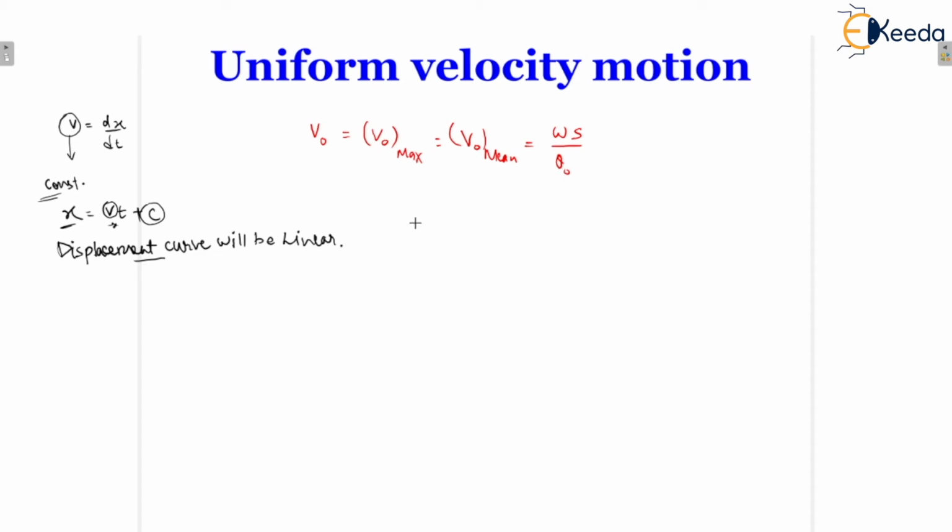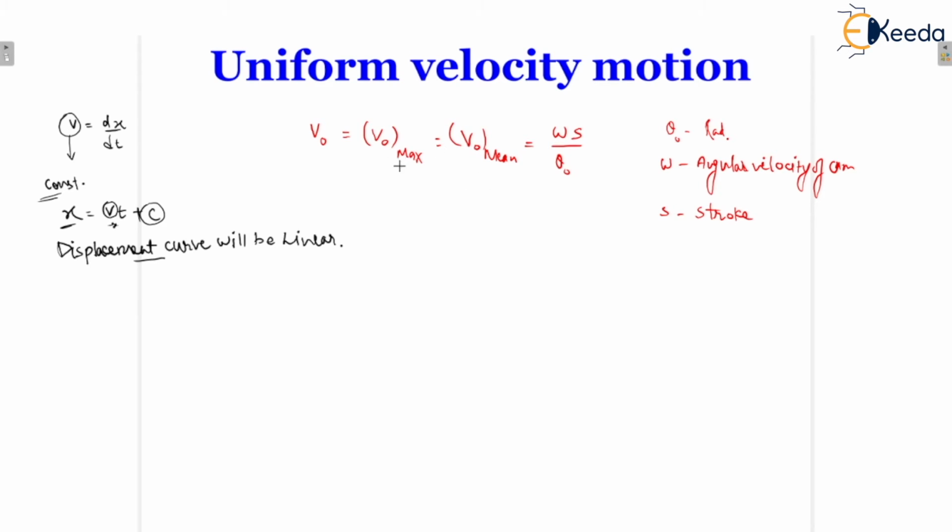You can see in the follower and its characteristics we have calculated the mean velocity of the follower. That comes out to be omega s upon theta naught, where theta naught is the out stroke angle of the cam in radian, omega is the angular velocity of cam, and s is the displacement, sometimes called the stroke of the follower.